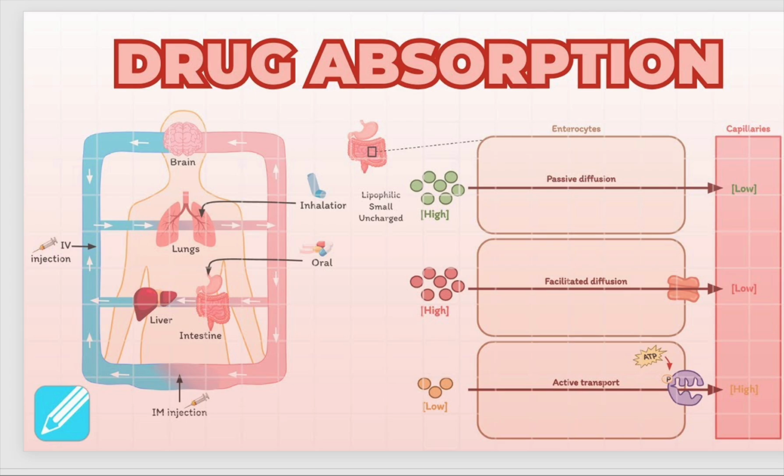The physiochemical properties of the drug determine how the drug moves around the body, starting with lipid solubility. Lipid solubility is very important for a drug to be absorbed.